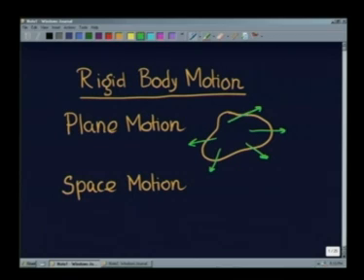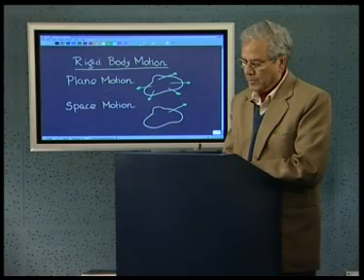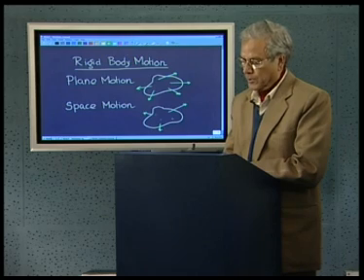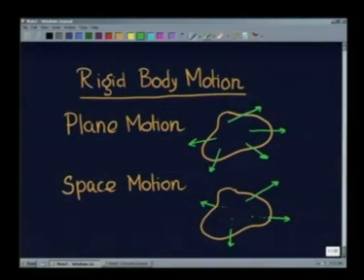On the other hand, in case of a space motion of a rigid body, the velocity vectors of different points will not lie in the same plane or parallel planes.